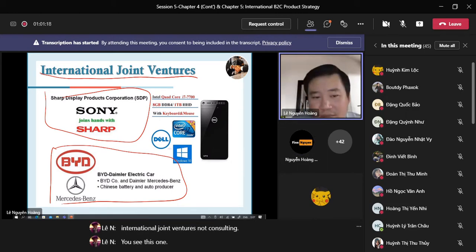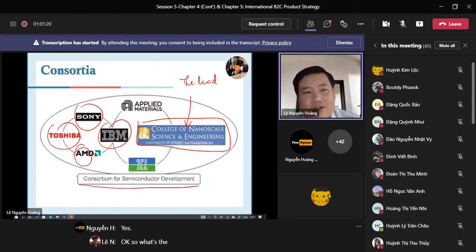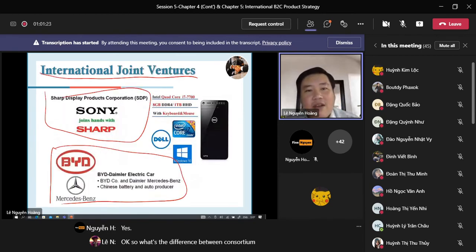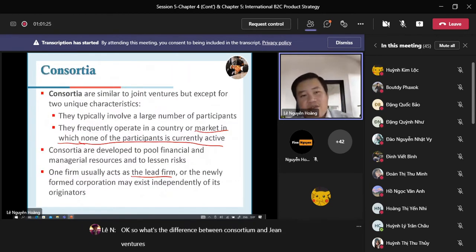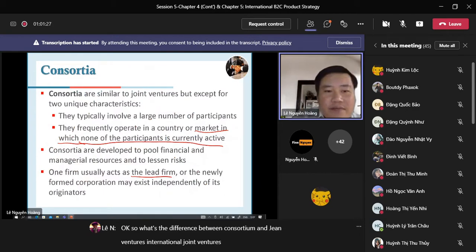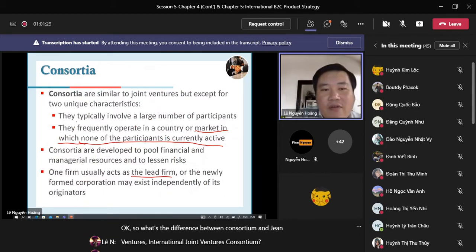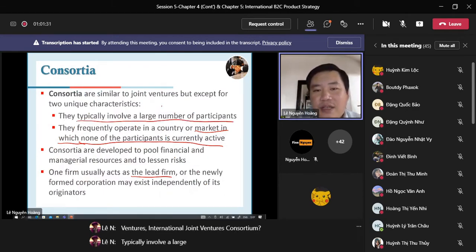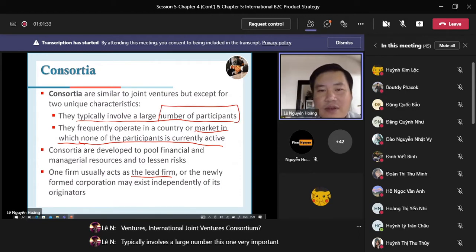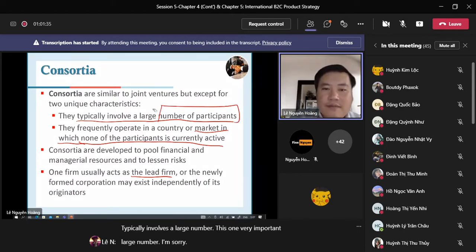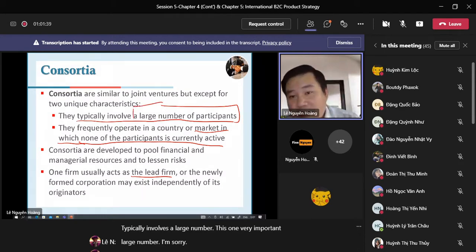Yes. Okay, so what's the difference between a consortium and an international joint venture? A consortium typically involves a large number, this one is very important, a large number of participants.